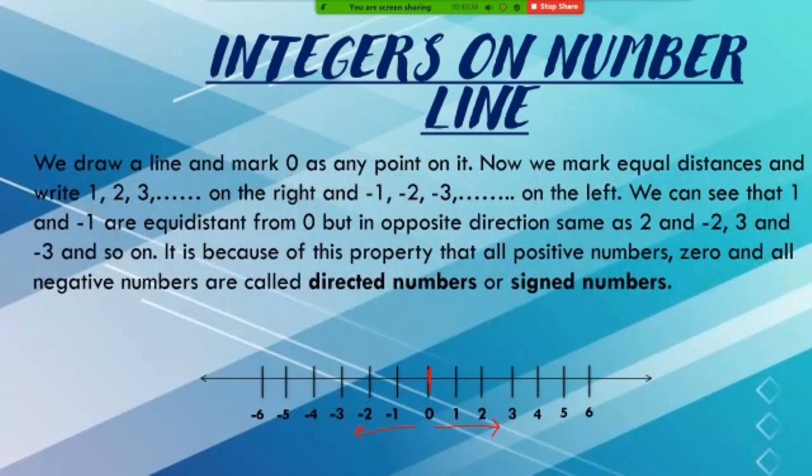We can see that 1 and -1 are equidistant, meaning they have equal distance from 0. Same for 2 and -2, 3 and -3 and so on. Because of this property, all positive numbers, 0, and all negative numbers are called directed numbers or signed numbers.